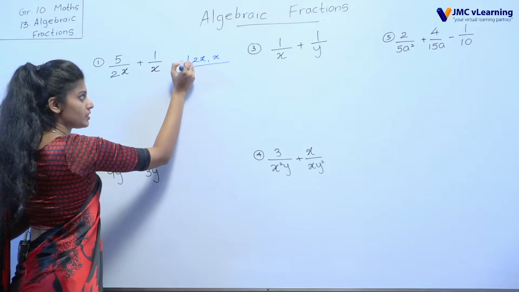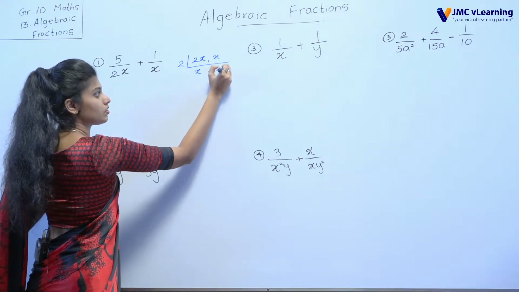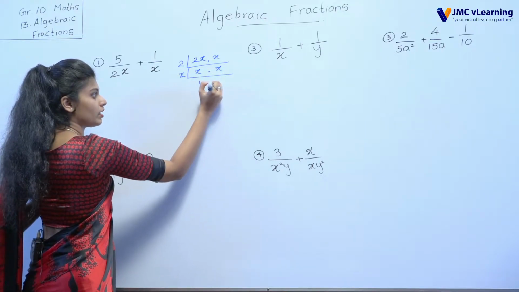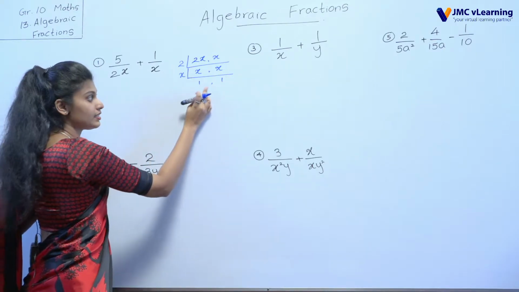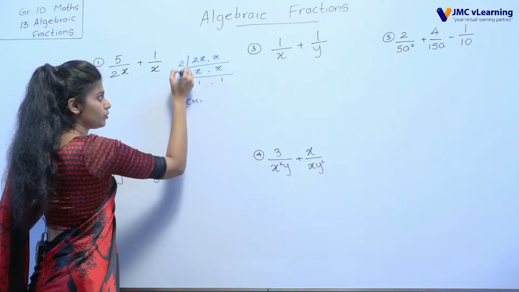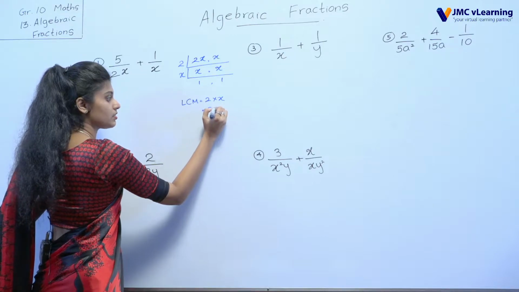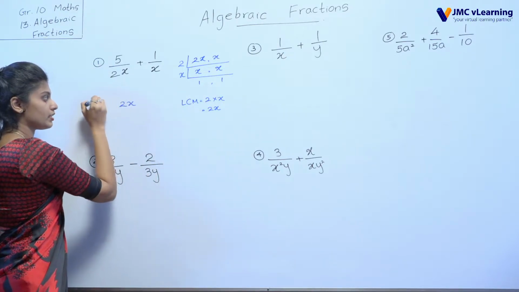Let's divide first by 2, left x, here also x. Then again divide by x, left 1, left 1. You have to divide until you get 1 here. Then LCM is equal to 2 into x. Then LCM is 2x. 2x is the common denominator.